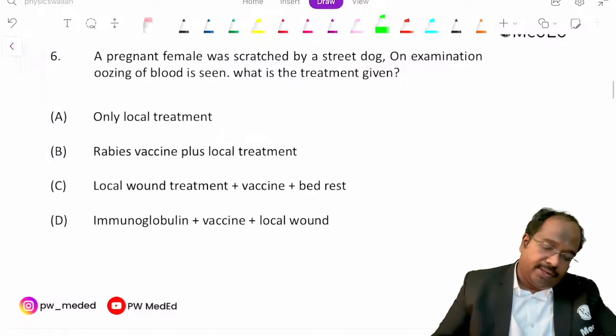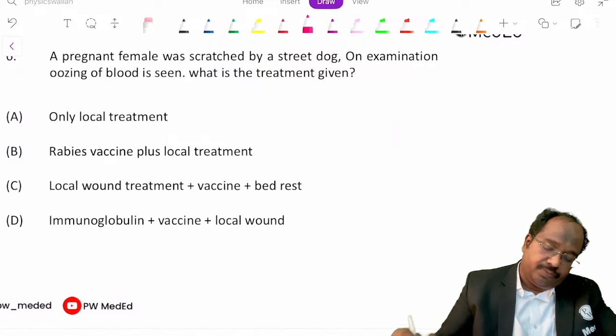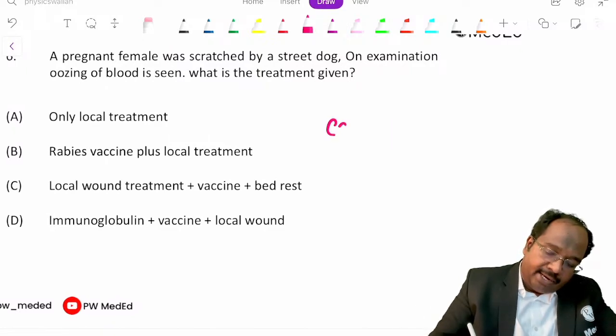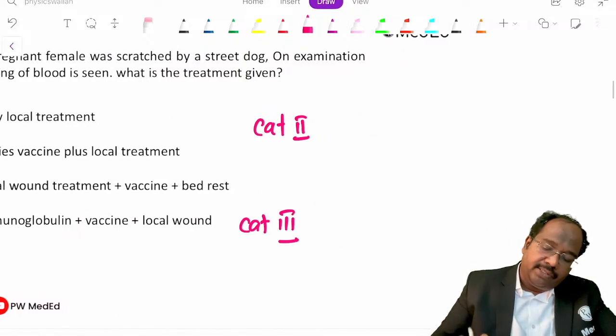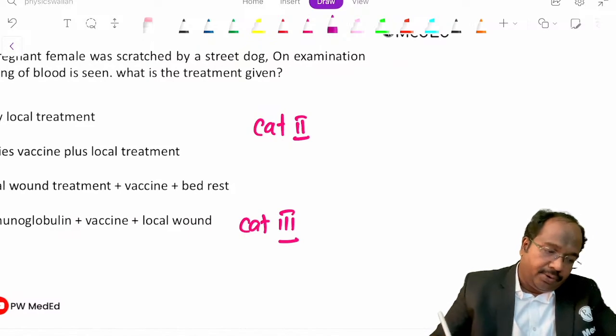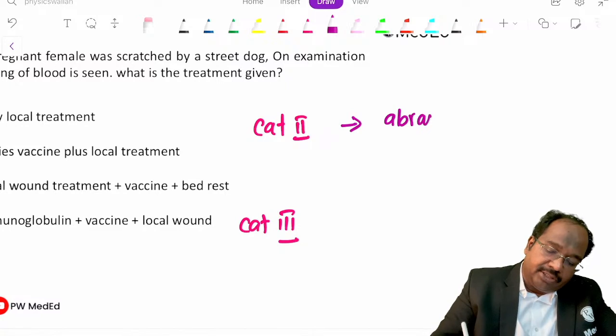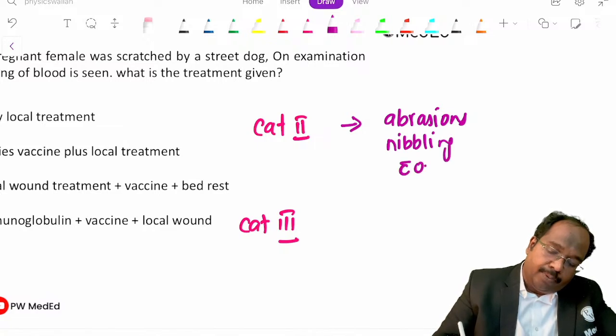Okay, so first we have to categorize the wound. Category 2, once we see category 3. Category 2 is any abrasions or nibbling without blood.